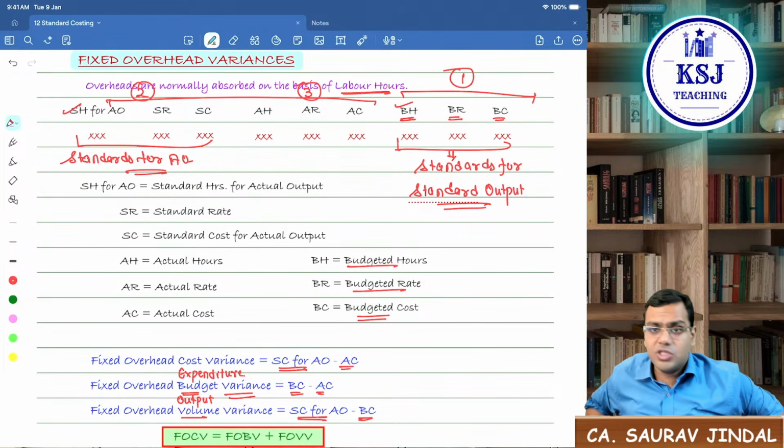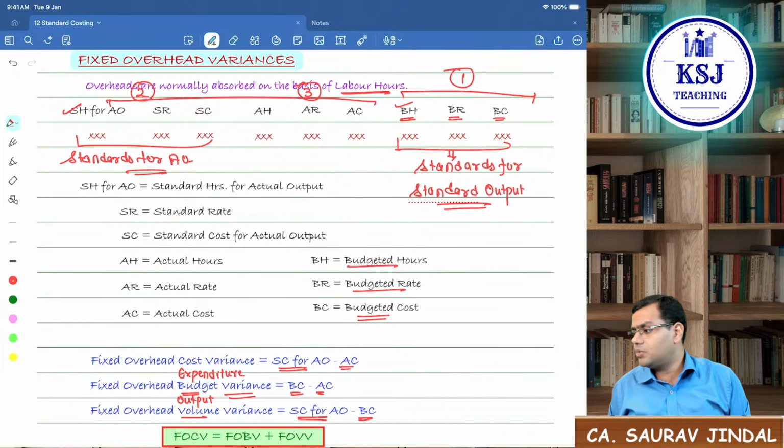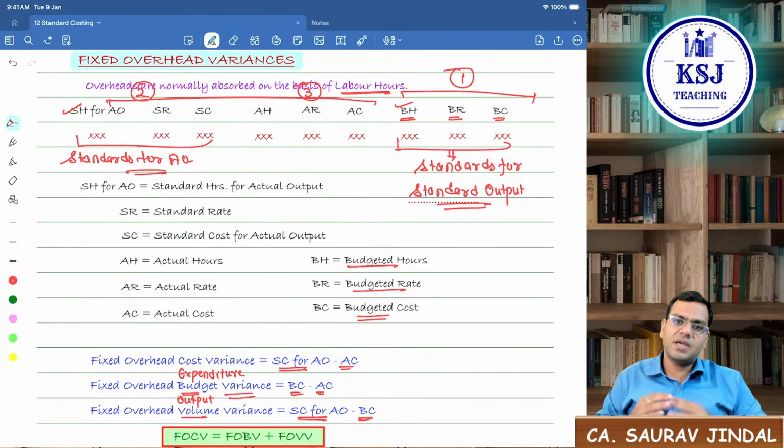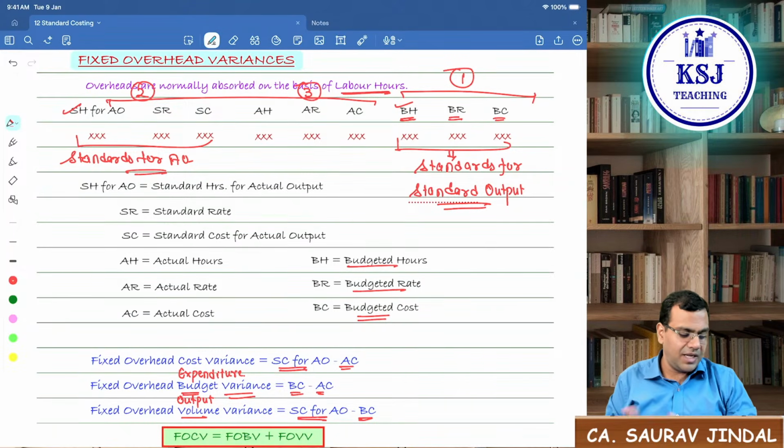This table approach, definitely I follow this table approach. If you are doing it by any other approach, totally fine, no issues. The table preparation is not important from examination point of view. I find it comparatively easier to explain and understand, so that is why I follow this approach.